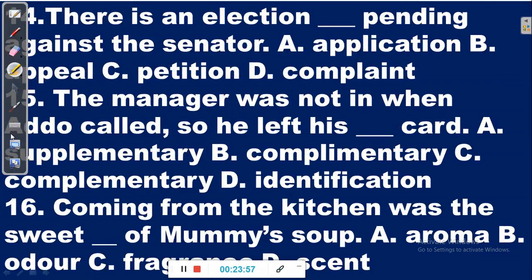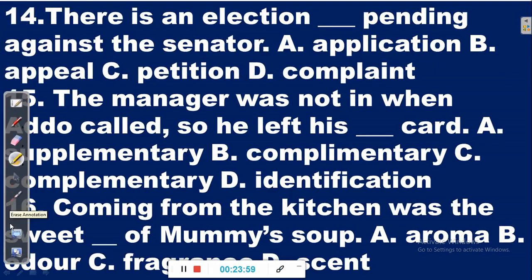Then we move on to question 14, and here we have: there is an election dash pending against the senator. A. Application. B. Appeal. C. Petition. D. Complaint. Now let's begin to take this one by one.